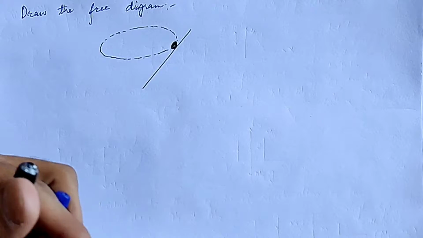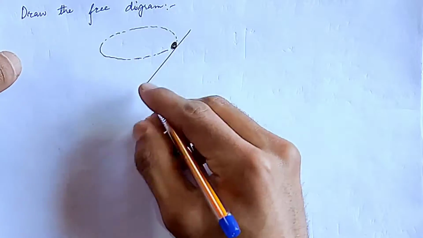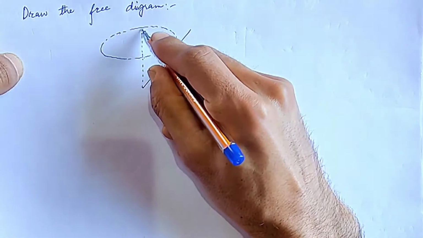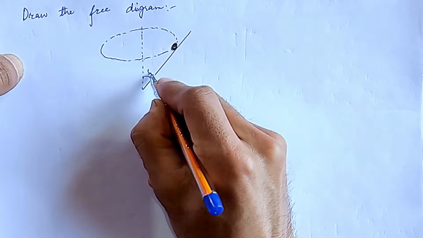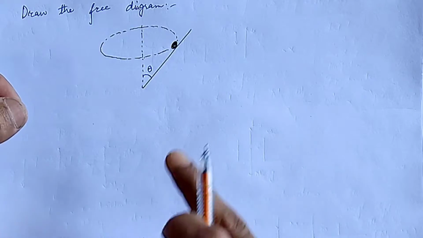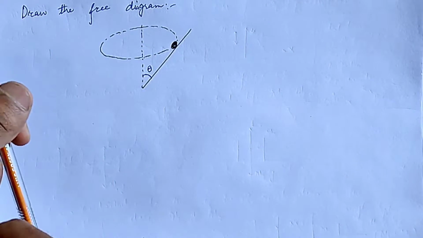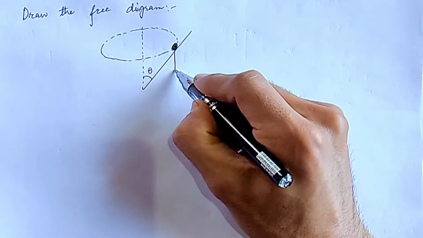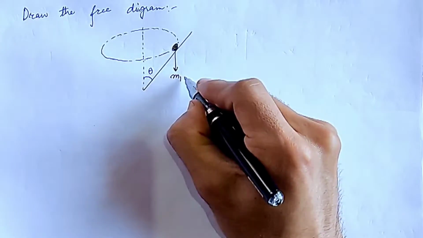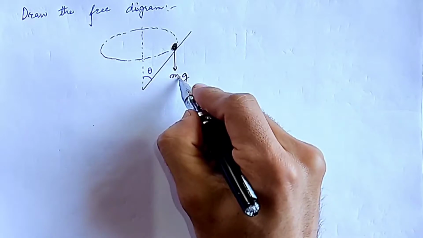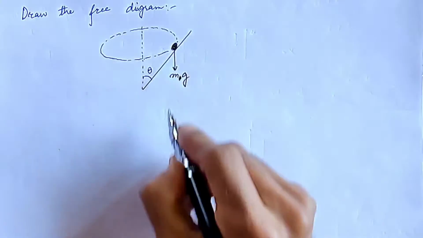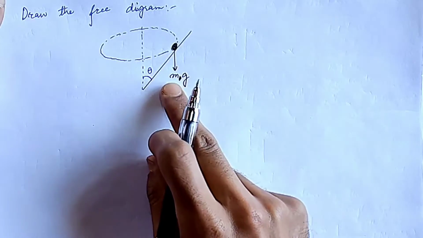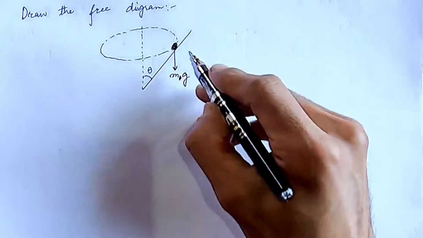The different kinds of forces which are acting over this, and keep it in mind, this is the half angle of the cone which I have shown earlier. This is theta. Okay, first and foremost, to draw the free body diagram as follows. The downward force will be mg, because the mass of the body is m, so the downward force, the weight of the body, will be mg.